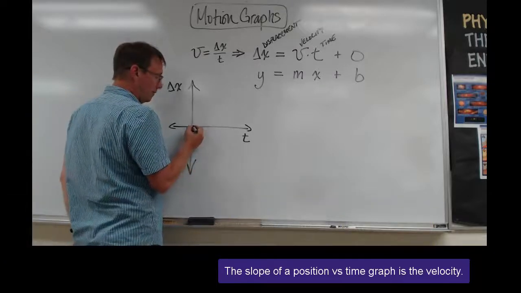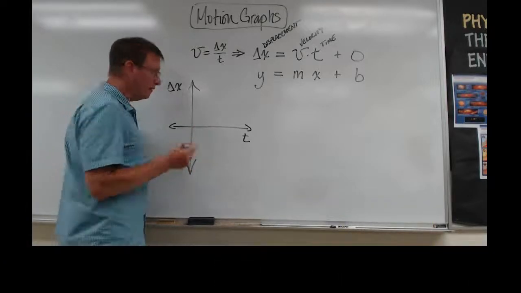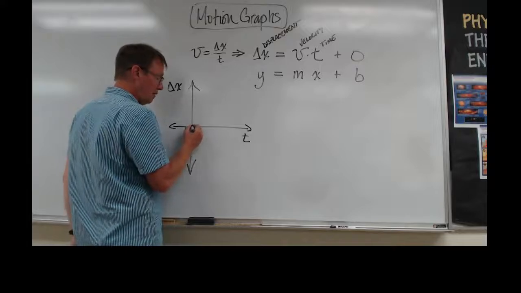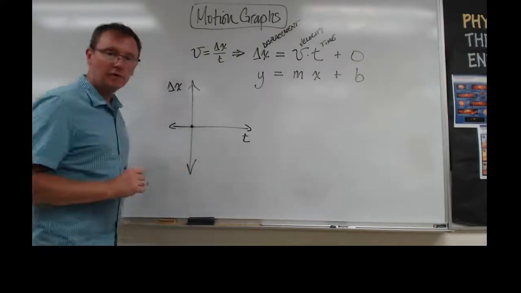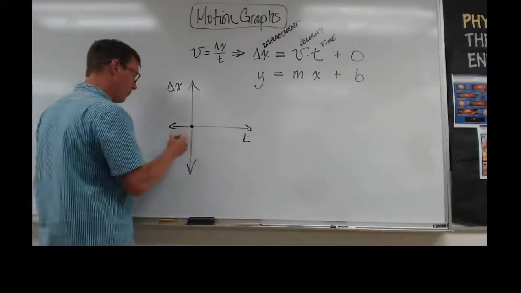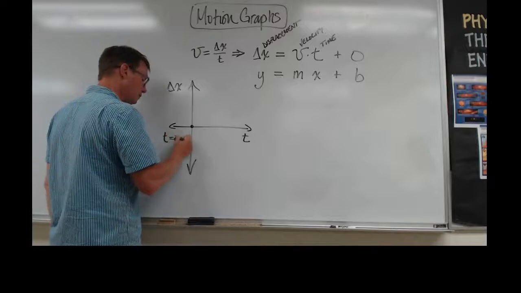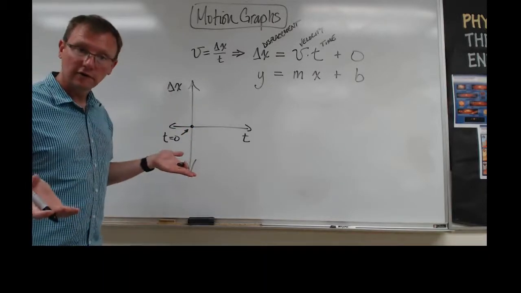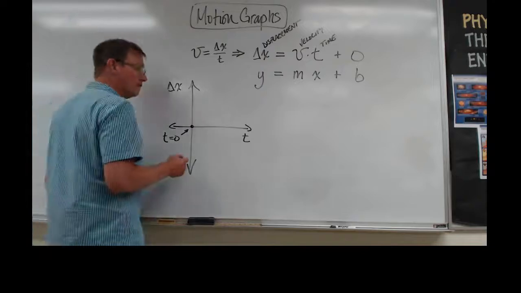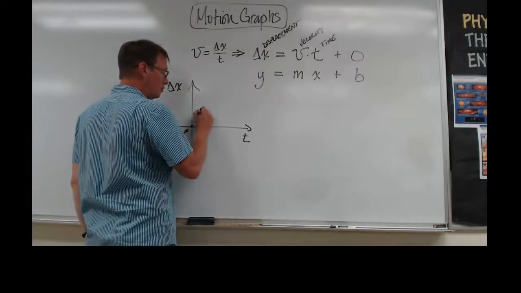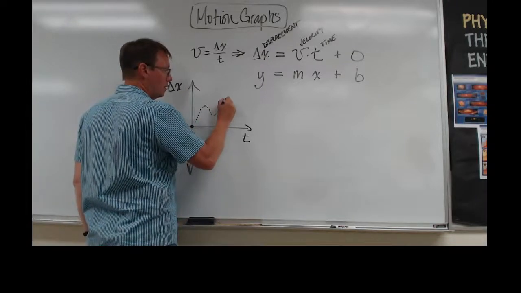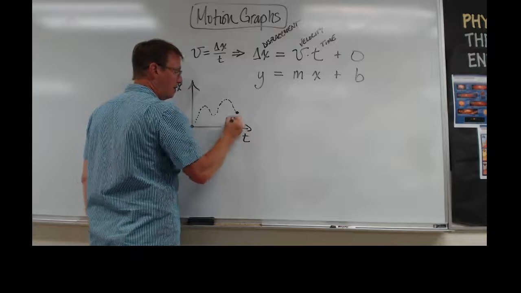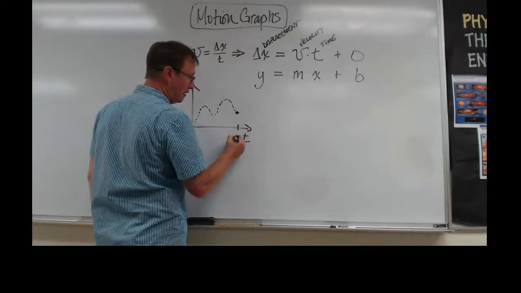Let's say we've got the object starting at the starting line at time equal to 0. So right here, we've got t equals 0, and the displacement is 0 because that's where it starts, right? And so it wanders around like so, and then it ends up right there at, let's say, 10 seconds.